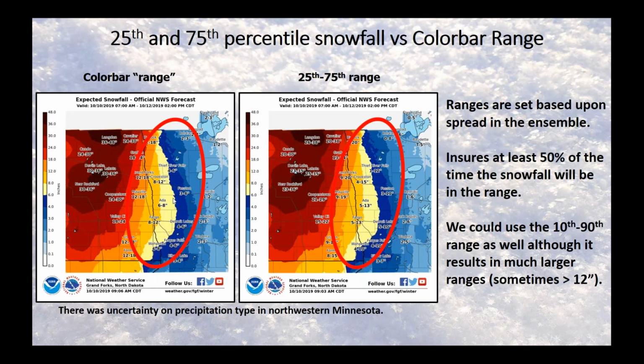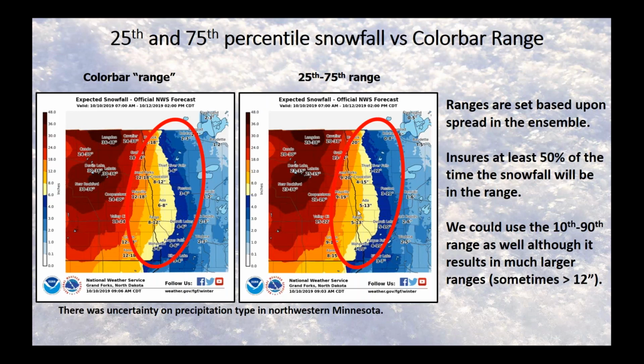But if you go farther east into the Red River Valley, the ranges are much different than what we're used to seeing. So for instance, in Boston, you have 3 to 4 inches, whereas if you use the 25th to 75th, it's 3 to 11 inches. Well, is that wrong? Or is the 3 to 4 inches wrong? There was a lot of uncertainty in precipitation type with this storm.